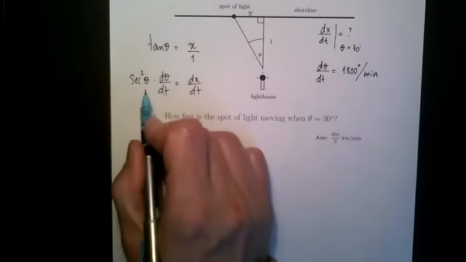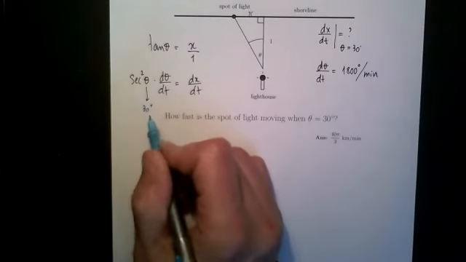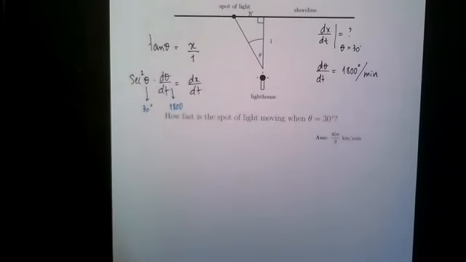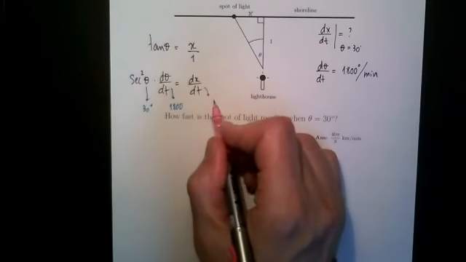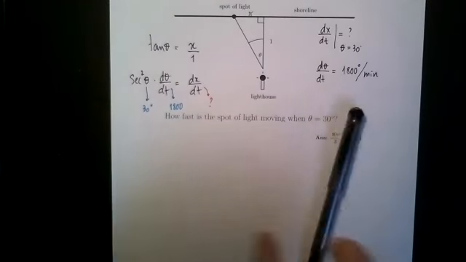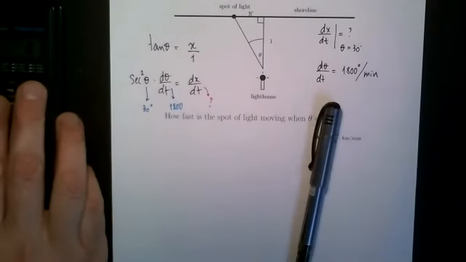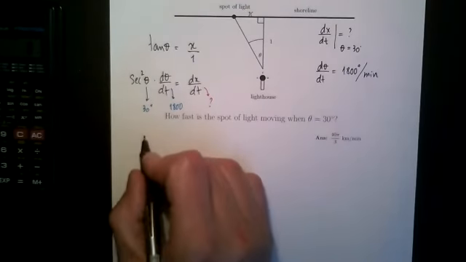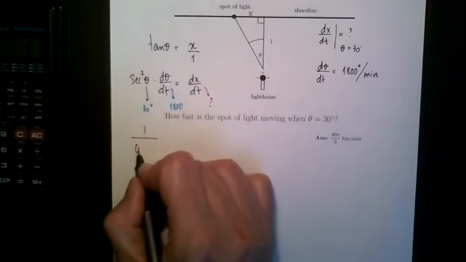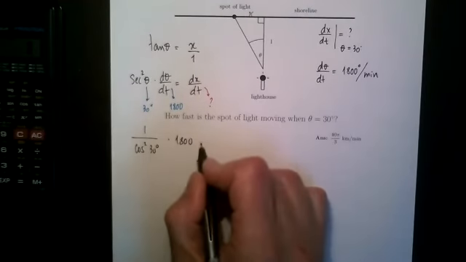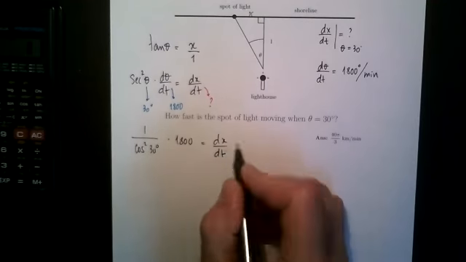And that's it. Theta, I know it's 30 degrees. d theta/dt, we just figured it out, is 1800. And I can now find dx/dt. So, secant squared of 30: 1 over cos squared of 30 degrees times 1800 is equal to dx/dt.